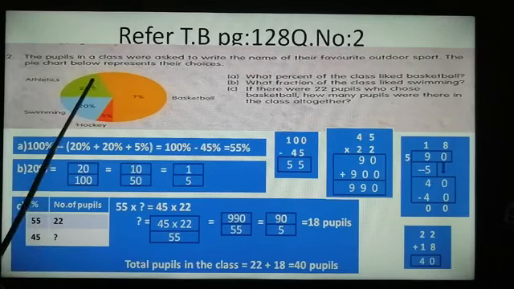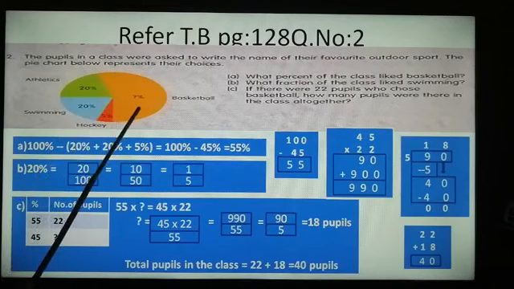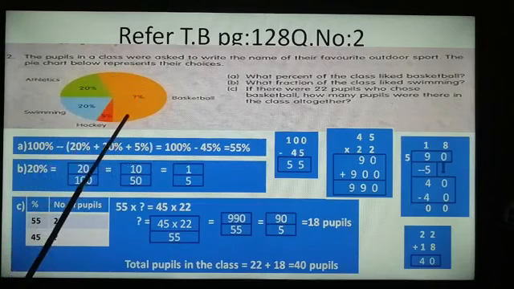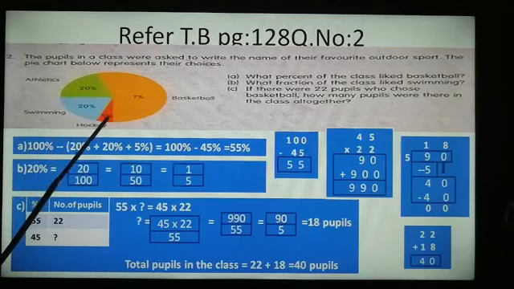For basketball this much slice is equal to 22. So what will it be here? That means 20 plus 20 plus 5, 45. 45 percent means we don't know.